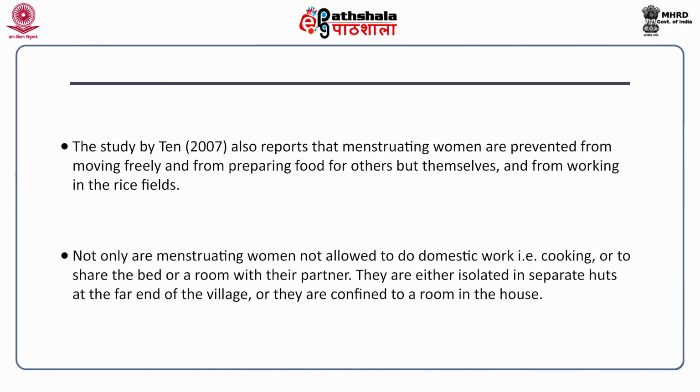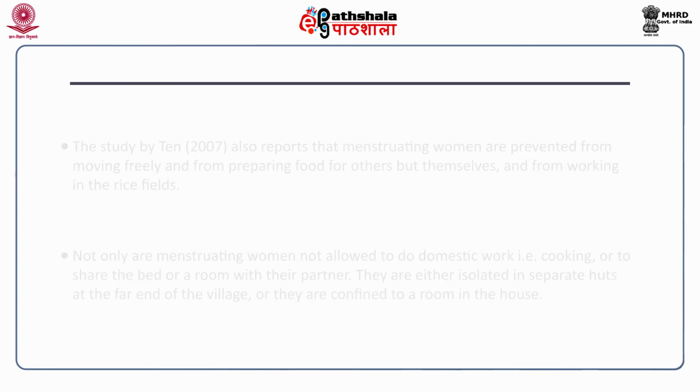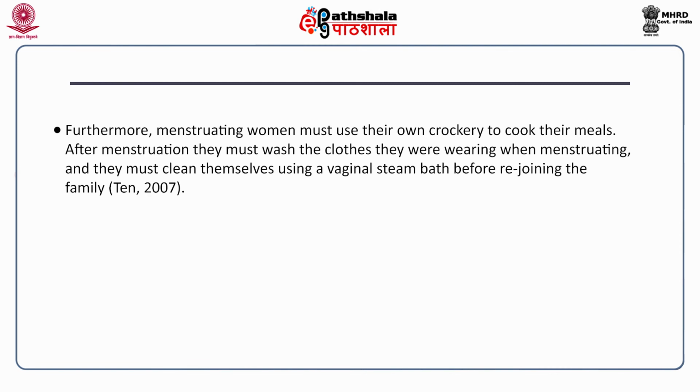Not only are menstruating women not allowed to do domestic work, cooking or sharing a bed or room with their partner, they are isolated in separate huts at the far end of the village and confined to a room in the house. Furthermore, women must use their own crockery to cook their meals. After menstruation, they must wash the clothes they were wearing when menstruating and they must clean themselves using a vaginal steam bath before rejoining the family.